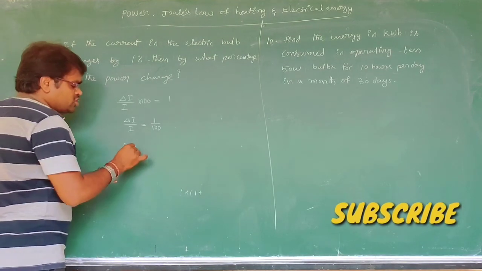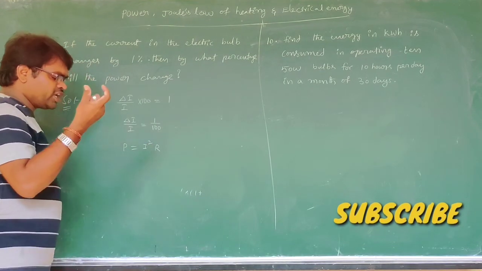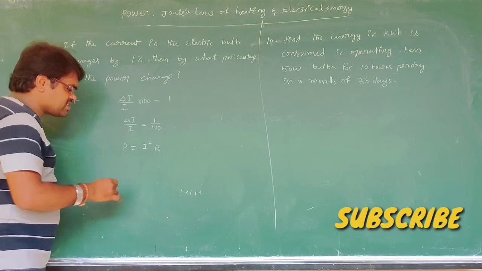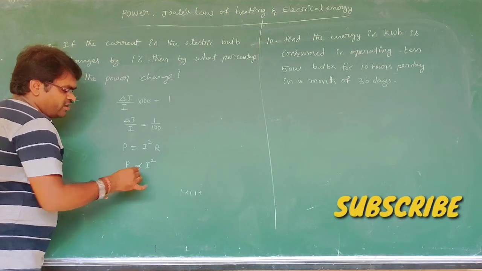The power formula is P is equal to I square R. Here, for an electric bulb, the resistance is constant. So we say P is simply proportional to I square.